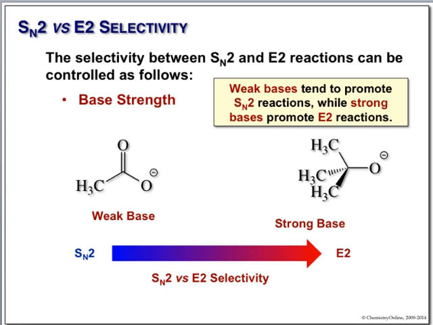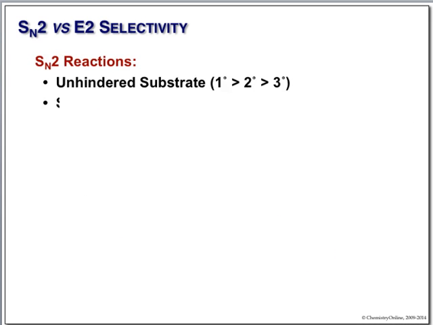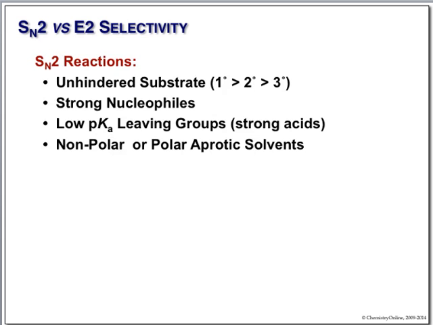Here's the full set. If we're going to do an SN2 reaction, we talked about these. We want a primary as opposed to tertiary. We want a good nucleophile, low pKa leaving group, tosylate or iodide is good. And we want nonpolar or polar aprotic.